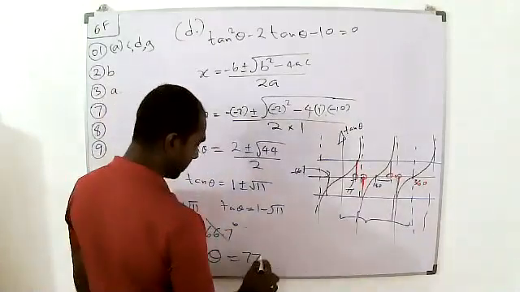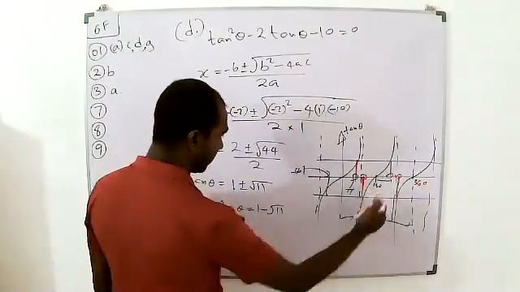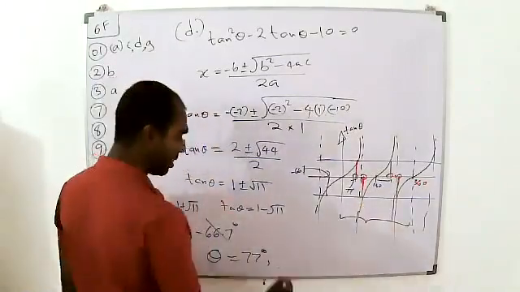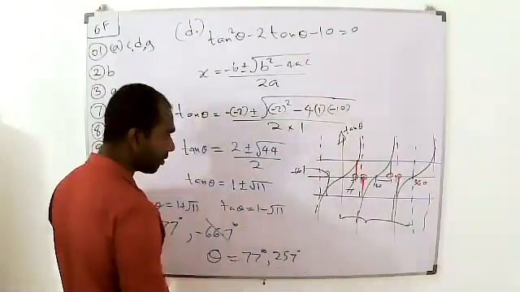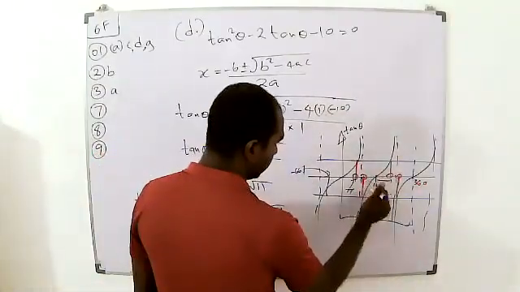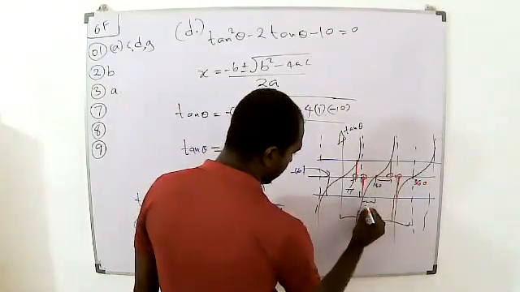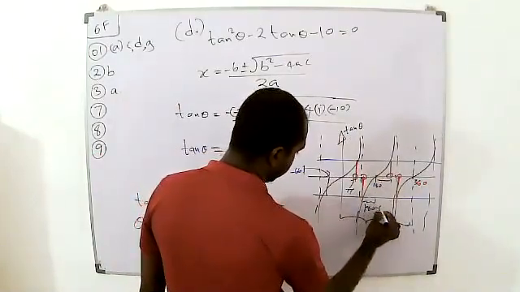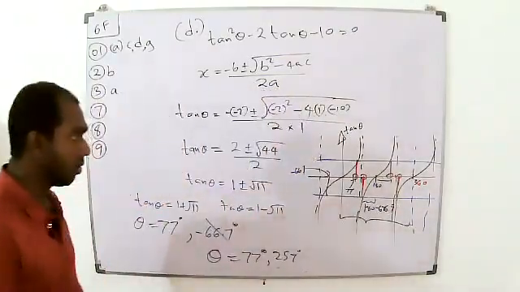So 77 correct, and 180 plus 77, how much? 257 degrees, no? Then this one, this is the same gap as here. This value will be 180 minus 66.7. How much is it?